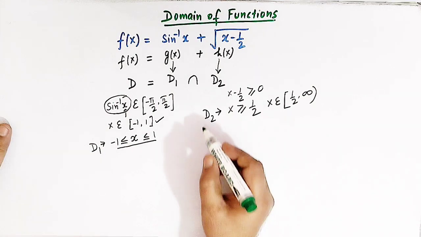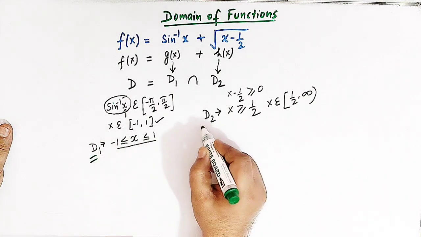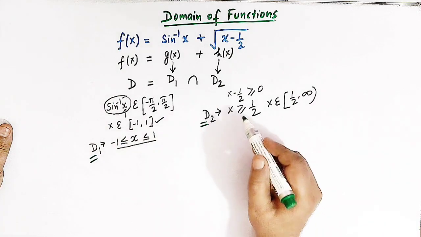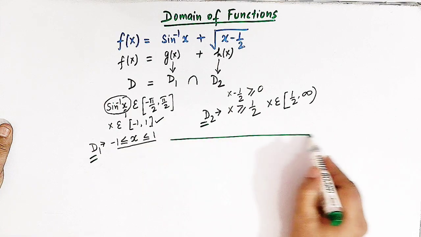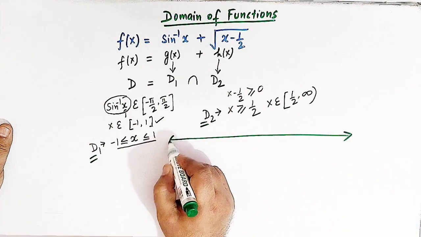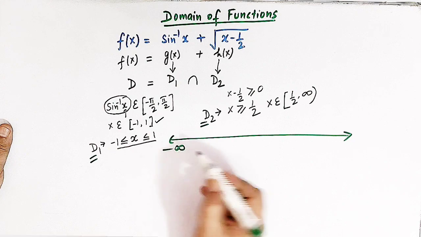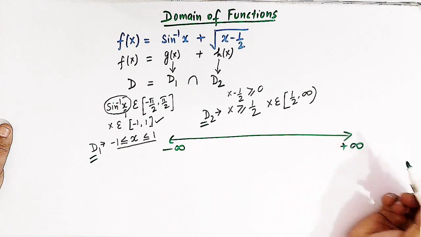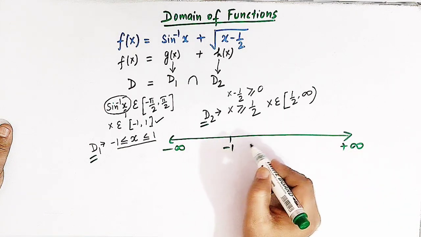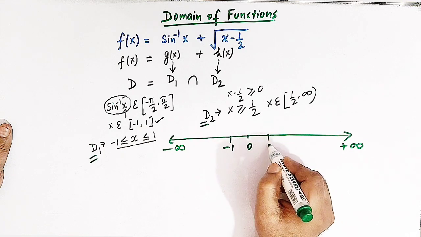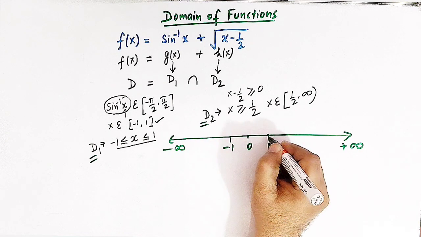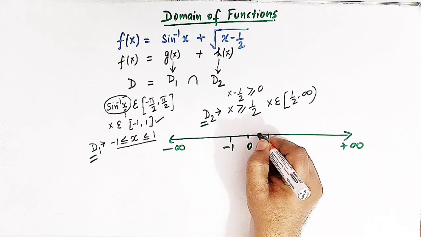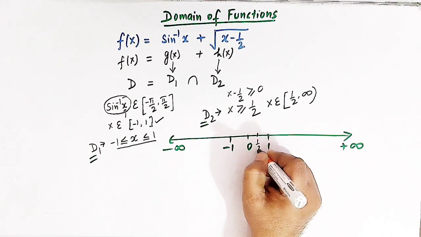So once we get the domains d1 and d2, the next step is to represent these domains on the real number line, right? So let us take this real number line. Here we have minus infinity, here we have plus infinity, here we have minus 1, then 0 and 1, right? And this 1 over 2, that is half, lies between 0 and 1, right? So here we have half.